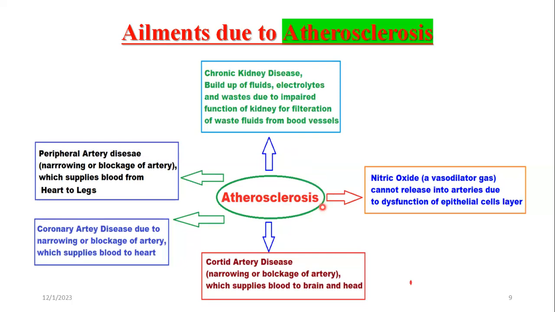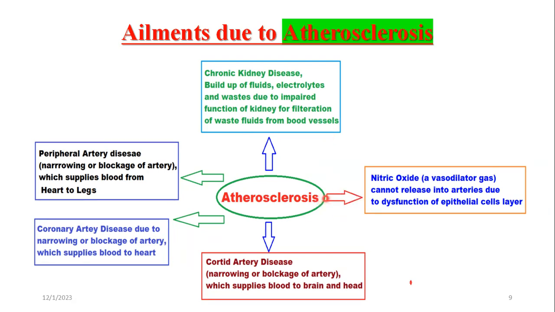The diseases produced due to this plaque include atherosclerosis and chronic kidney disease, the buildup of fluids, electrolytes, and waste due to impaired function of the kidney and filtration of waste fluids from the blood vessels.